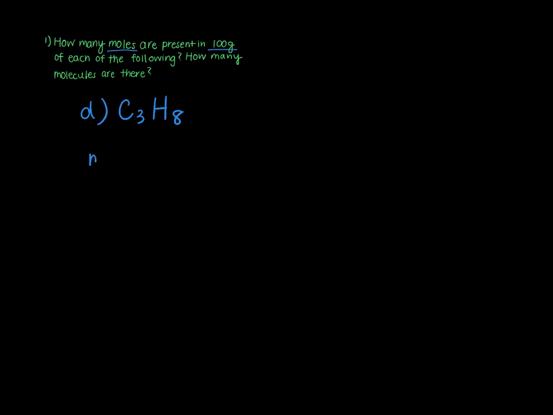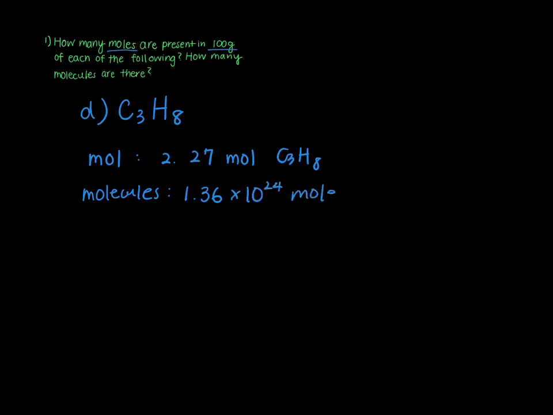So for the moles, you should get 2.27 moles of C3H8. And then for molecules, you should get 1.36 times 10 to the 24th molecules of C3H8. Okay, and that's it.